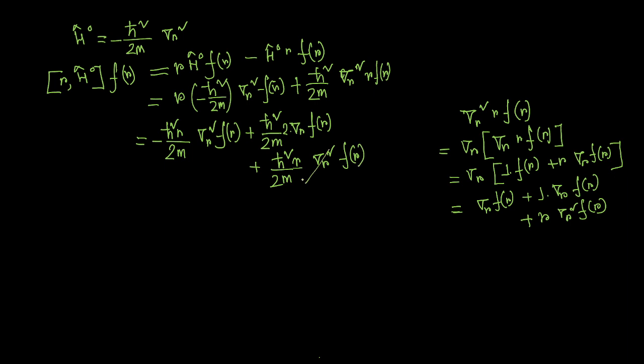So these two cancel out, so what we get is, sorry, only h cut square by 2m delta r fr. Now if I multiply it with minus, then it will be plus.